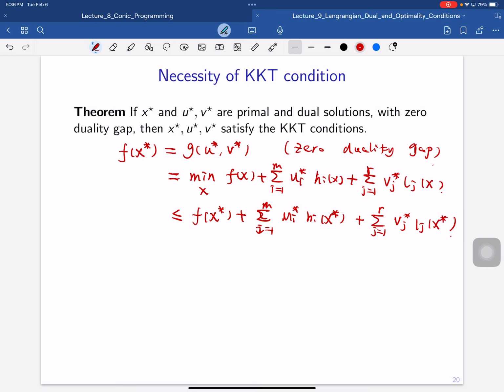Right, so this inequality comes from taking the minimum over x, but x star is just an arbitrary x. That's why this inequality holds true.